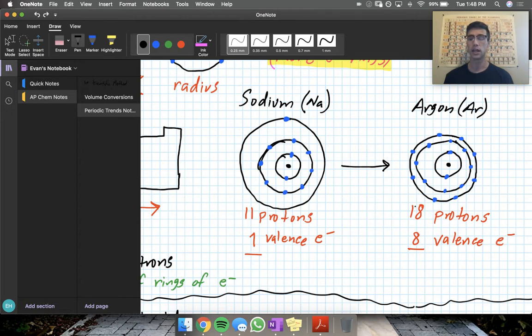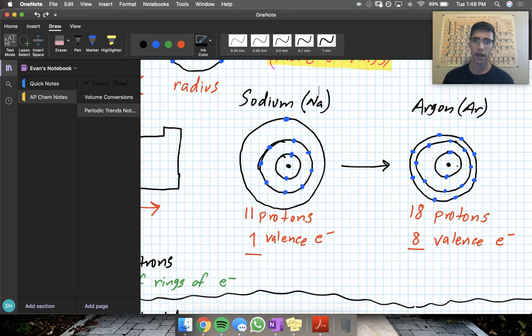18 might not seem like a lot more than 11, but the issue is that our nucleus now has a way higher positive charge. Keep in mind, protons have a positive charge, and because the rings of electrons have a net negative charge, the positive charge of the nucleus in the center is going to pull the electrons in from the outside.